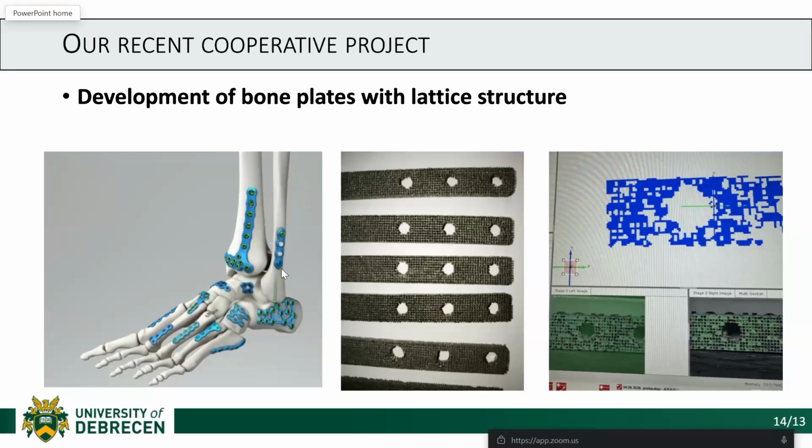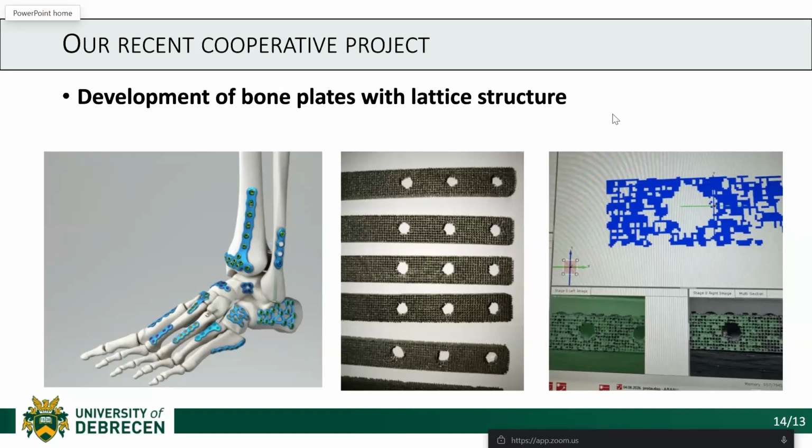Bone plates can be seen here. The function of the bone plates is to fix the ends of the bone during the fusion process, and after that, generally these implants will be removed.